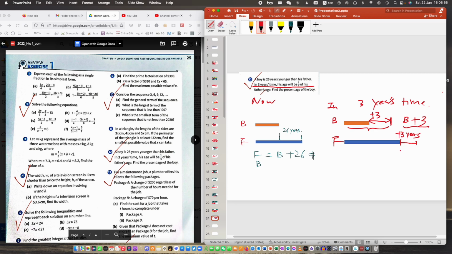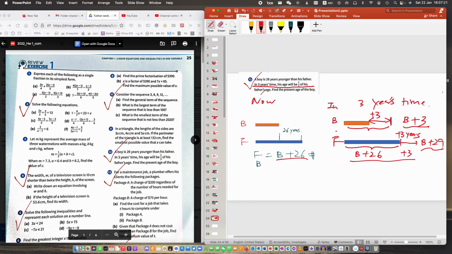Okay, does it make sense? Yeah. Then just now here, F is equal to B plus 26, right? You plus another 3, so the whole thing will become B plus 29. Are you clear? Do you understand how I get B plus 3 and B plus 29?